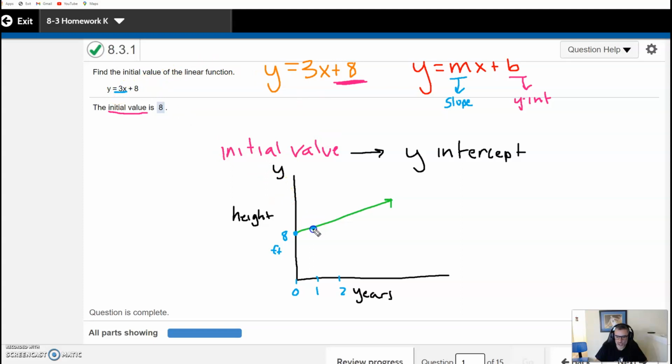So after 1 year, maybe we're now at a height of 11, and after 2 years, maybe we're at a height of 14, and so on. So we are jumping by 3 every time, because it's growing 3 feet per year, and our initial value was the starting point. There's our initial value right there.